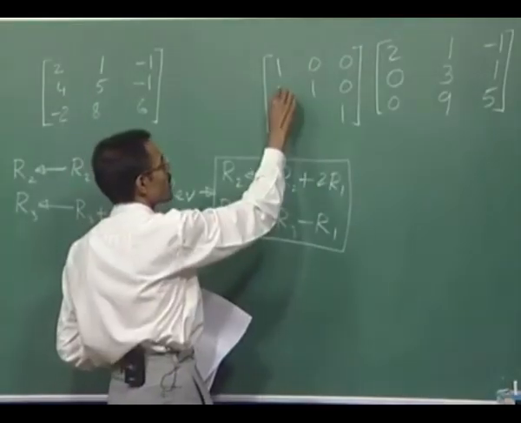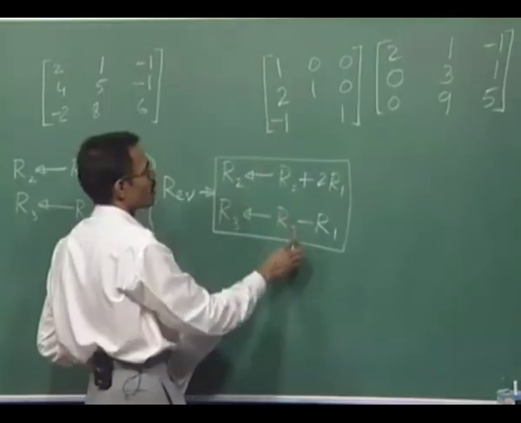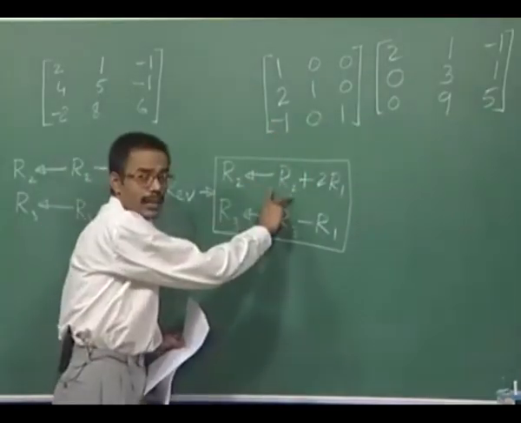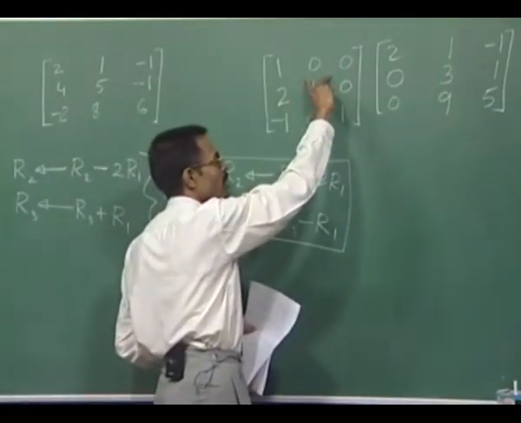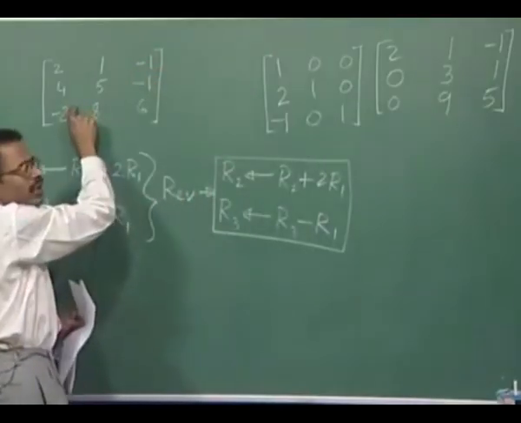That means we will get 2 here and minus 1 here, right. So, through these elementary row operations, or through pre-multiplication with this elementary matrix equivalently, we will be able to regain the original matrix.